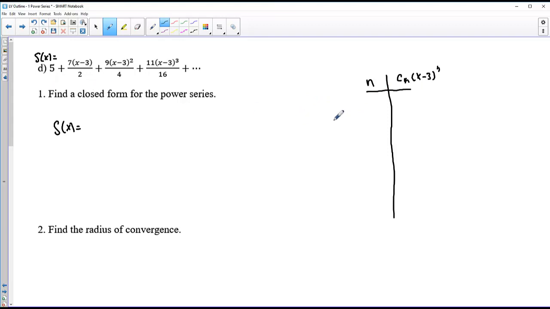And so what are we going to do? We have a 0 term, and so for the 0 term, there's a 5. For the first term, there's 7 times x minus 3 divided by 2. For the second term here, we have 9 times x minus 3 squared divided by 4. And then for that third term, we have 11 times x minus 3 quantity cubed divided by 16.